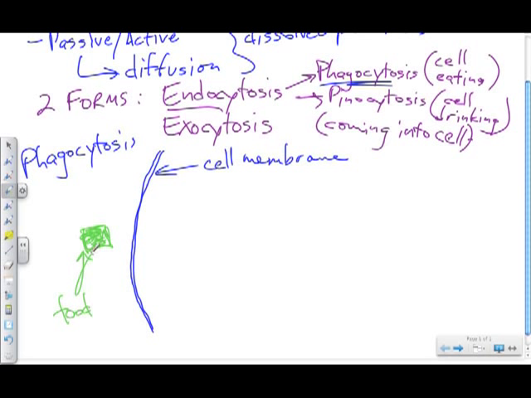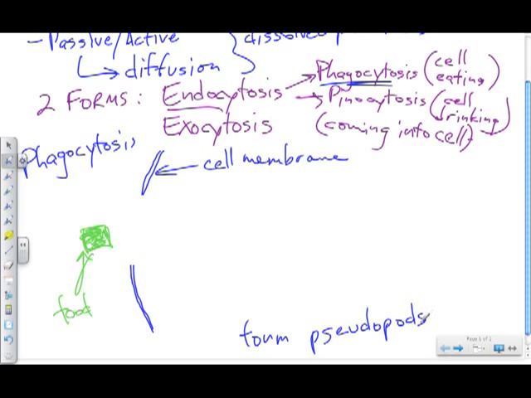So what happens now with phagocytosis is the cell membrane is going to extend parts of itself. The cell membrane forms what we call these false feet. They form pseudopods.